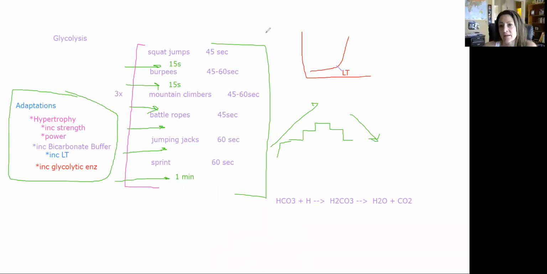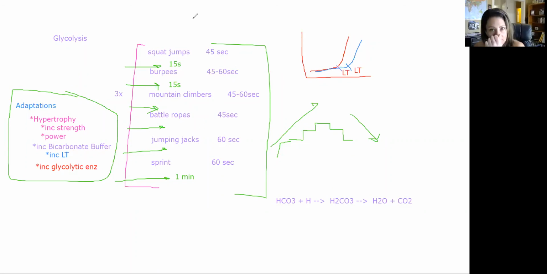Does having a higher lactate threshold improve your sprint performance on a 100-meter sprint in the ATP PCR system? Well, you're not accumulating lactic acid. Why not?